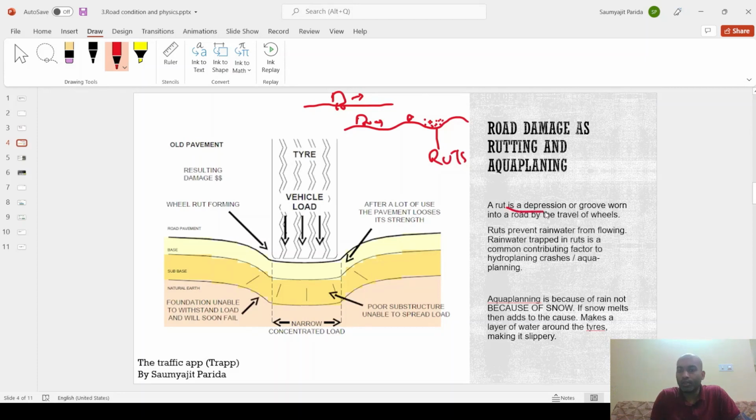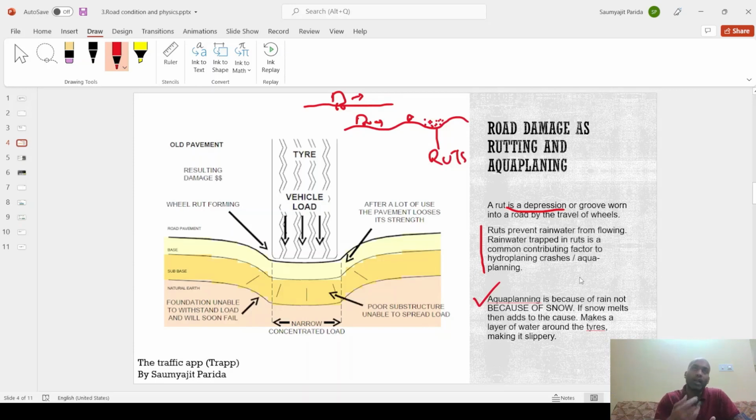The rut and aquaplaning are caused by rainwater trapped inside the ruts. This is pretty clear, and an insight is that aquaplaning is not because of snow but because of rain.